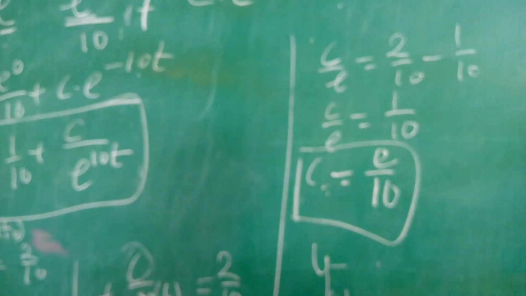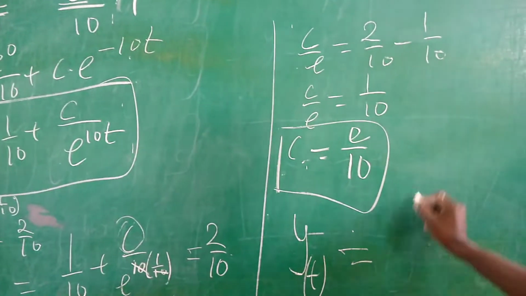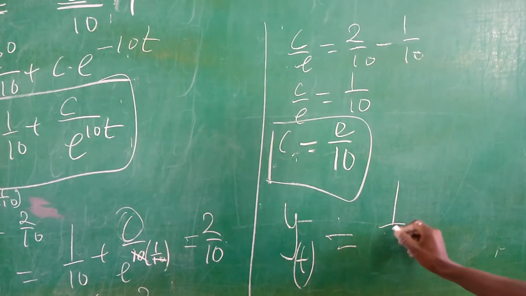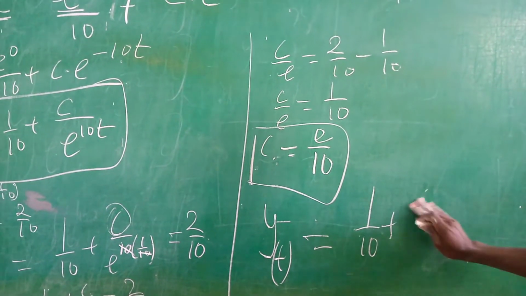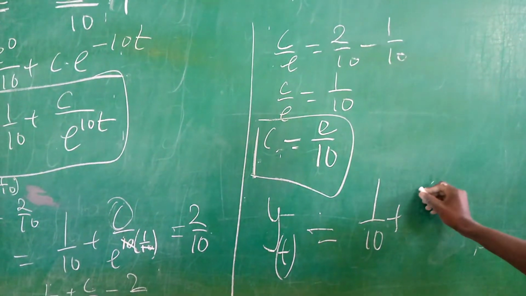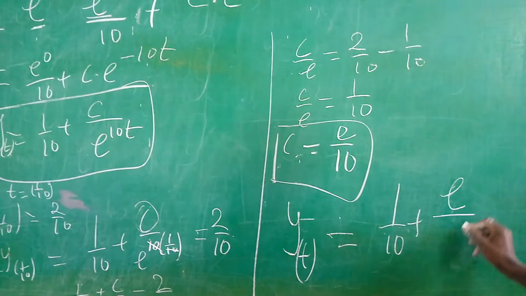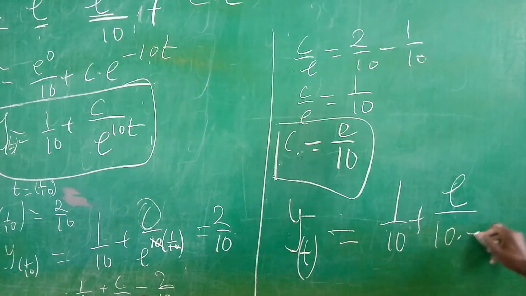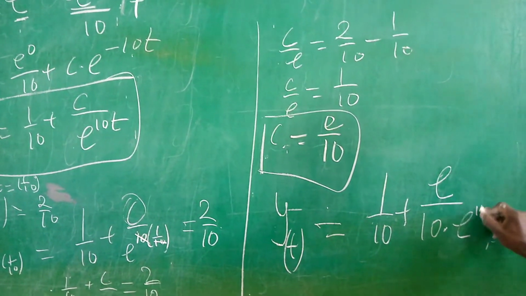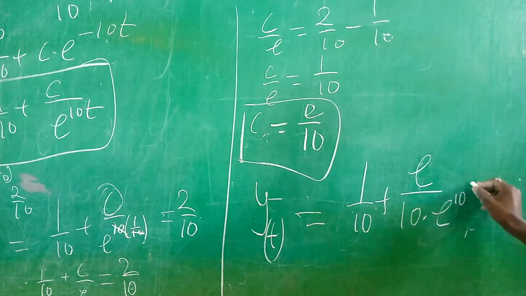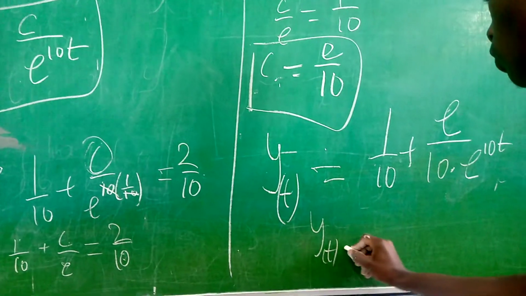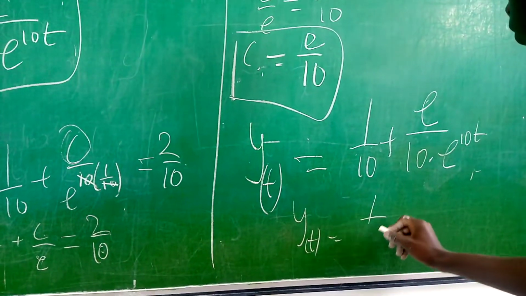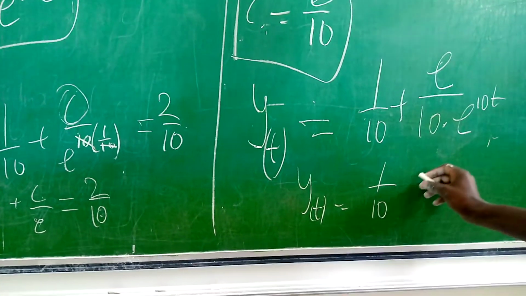And then we can take this and plug it into our first equation. So the equation will be equal to 1 over 10 plus c. C we have found its value, e over 10, times e power negative 10t, and then the particular solution we are asked for is 1 over 10.